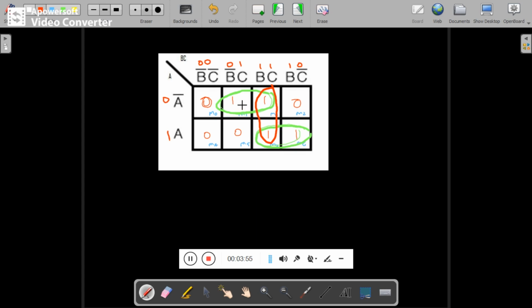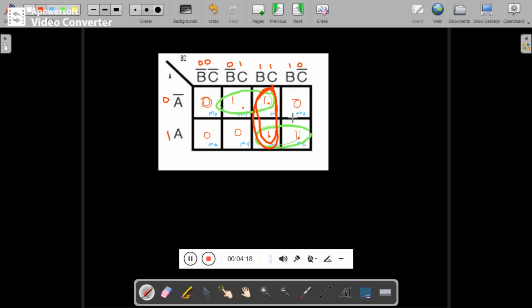You will get one prime implicant after solving this group. You will get one more prime implicant after solving this group. But the third group is not essential. Why? This one is covered by this group. This one is covered by this group. So this is not an essential group. So we have to consider only 2 groups.